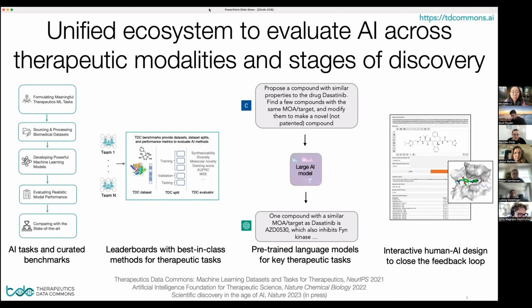And so the third big component in Therapeutic Data Commons are these pre-trained models that are designed for key therapeutic tasks that allow then users to interact with underlying therapeutic predictors in natural language, or even interact with them through interactive interfaces and designs that can facilitate collecting users' feedback.